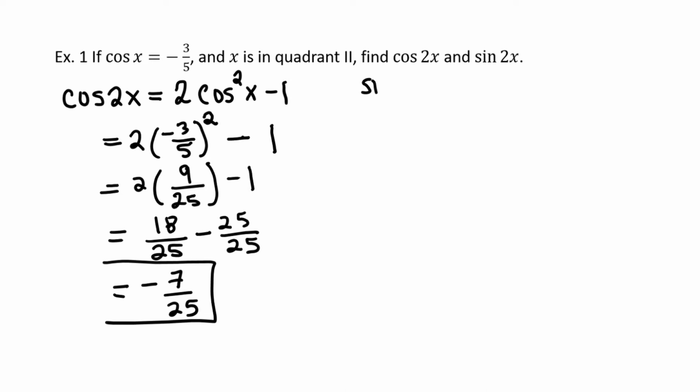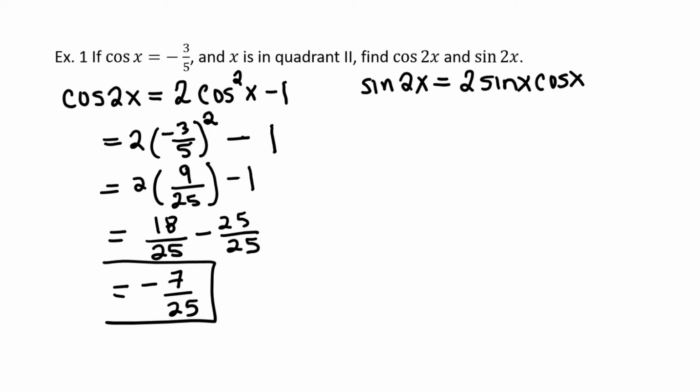If we've got sine 2x, that double angle formula has only one option, and that is 2 times sine x cosine x. Now we do have a value for cosine x, but we don't have one for sine, so we're going to have to use a fundamental trig identity to solve for sine x.